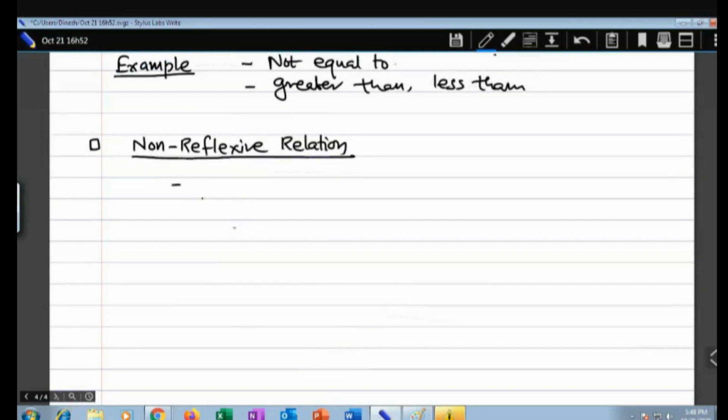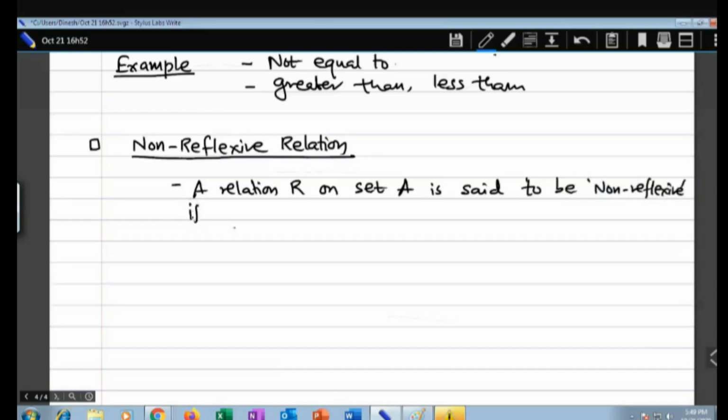A relation R on set A is said to be non-reflexive if a comma a is in R for some a, and a comma a is not in R for others.